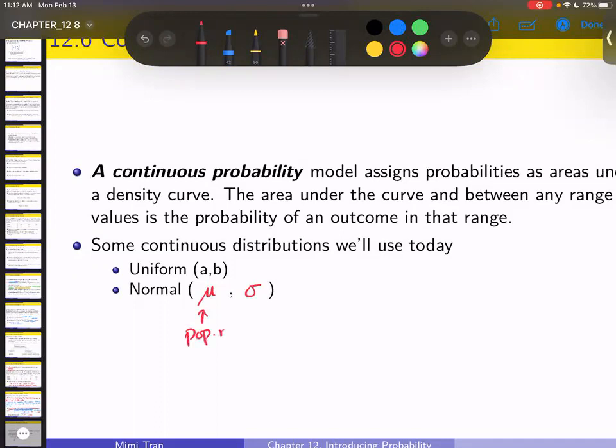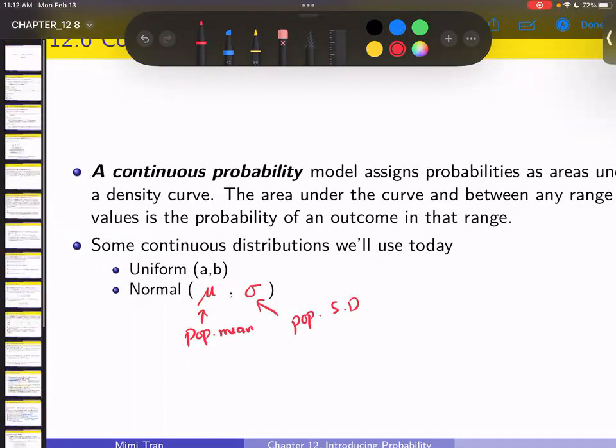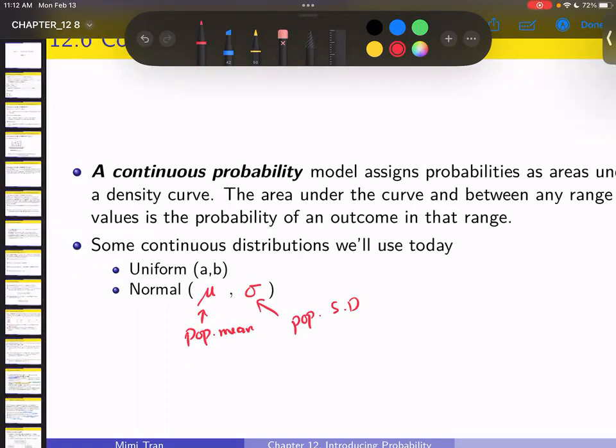So population mean. And what does sigma stand for? Yeah, population standard deviation. I see why a lot of people don't like statistics. This is just scratching the surface. There's more to it.